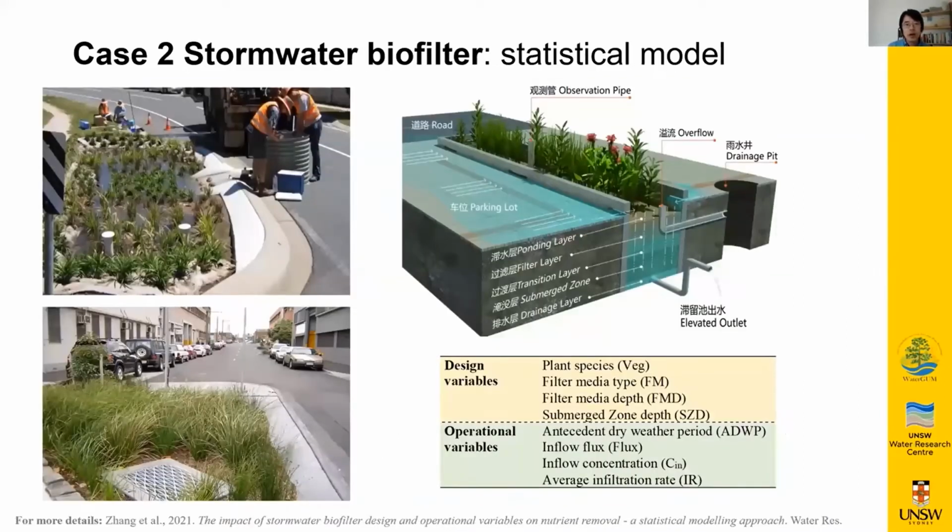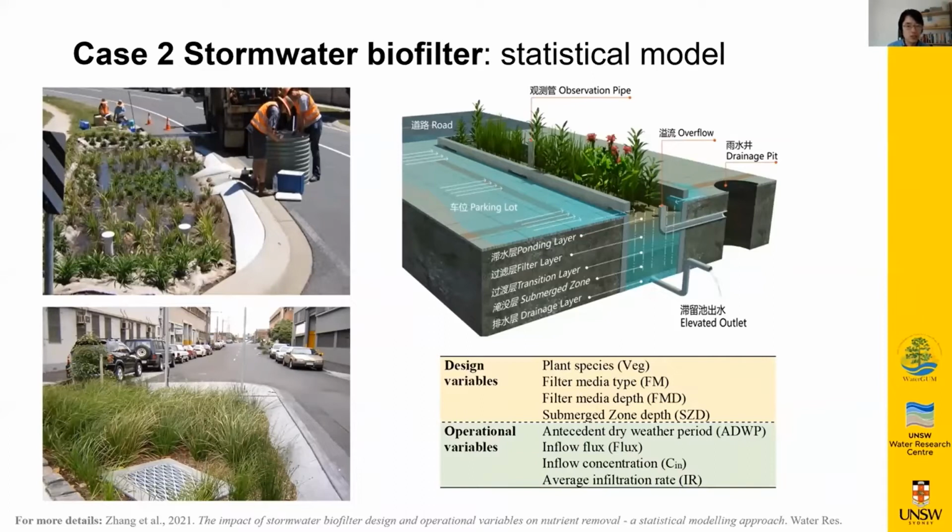Case two is on modeling the stormwater biofilter performance. As we all know, stormwater biofilters, or bioretention systems or rain gardens, are very commonly used as nature-based solutions under the concept of the sponge city. This is a typical design of biofilter systems, where you have different layers, and the water goes through the different layers and is taken up by plants.